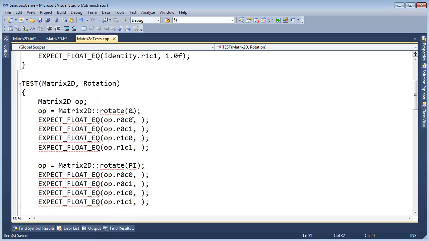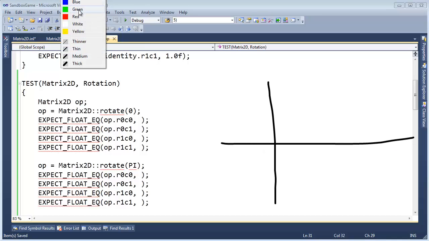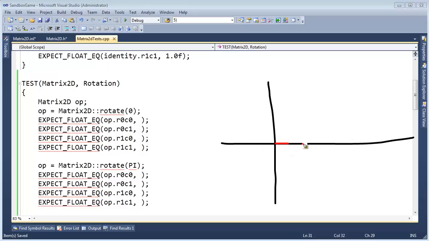Okay, so let's do some mental exercises here. If I have a coordinate system and I have a vector, I start out with the unit vector 1 in this direction, and I rotate it by 0. Well, what should that give me?